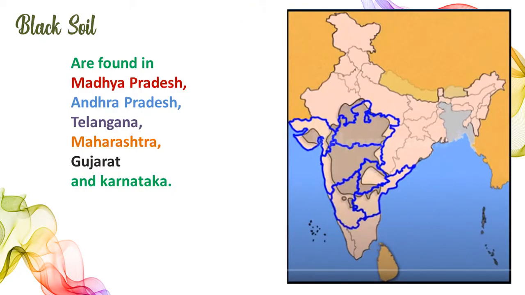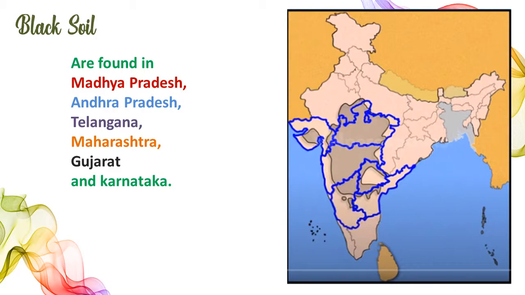Most of the Deccan Plateau is covered with black soil, and the states covered with black soil are Madhya Pradesh, Andhra Pradesh, Telangana, Maharashtra, Gujarat and Karnataka. Not only this, these soils are made up of extremely fine, that is clayey, material, and this soil holds a large amount of moisture.